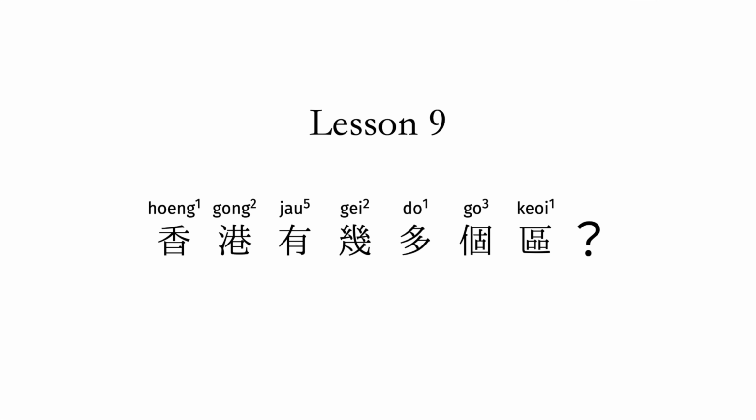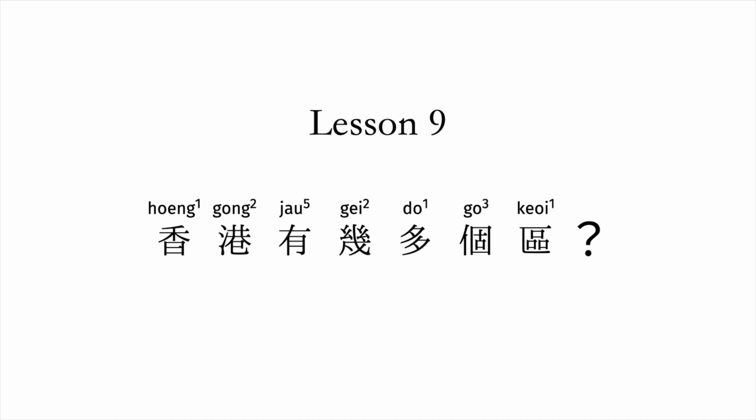Today in Lesson 9, we are going to talk about a very important part of Cantonese grammar, the classifiers, also known as measure words. In English, we sometimes use words like a piece of paper or a bottle of water. In Cantonese, measure words are used every time you talk about quantities, items, or even locations.